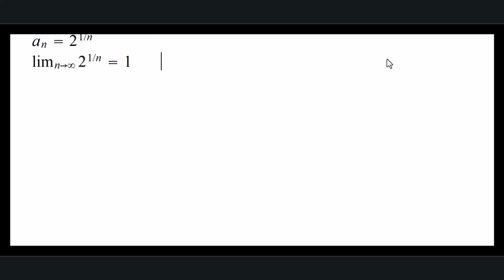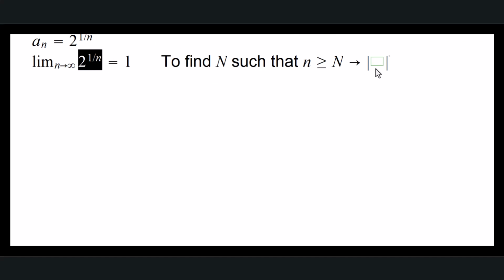So now say we have to find a big N such that if we took our little n greater than or equal to big N, then 2 to the 1 over n minus 1, say we want that to be less than 0.00001, as in the last case.